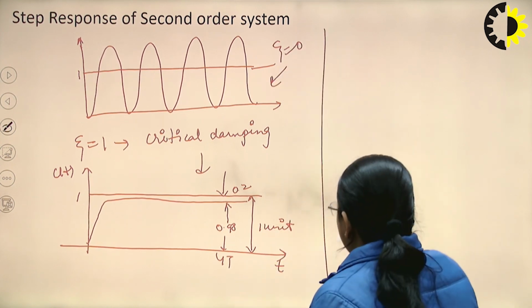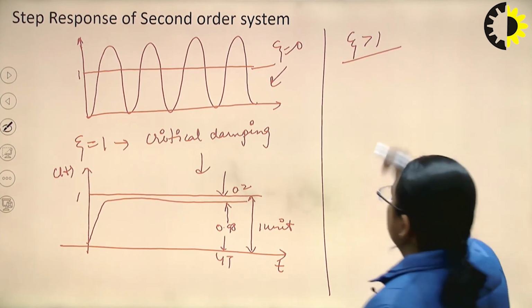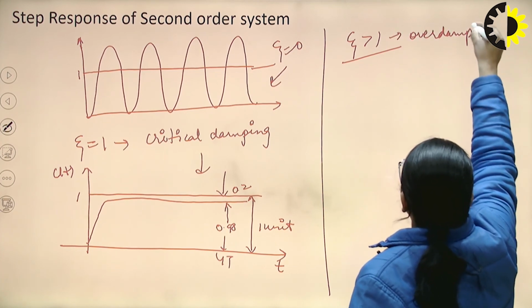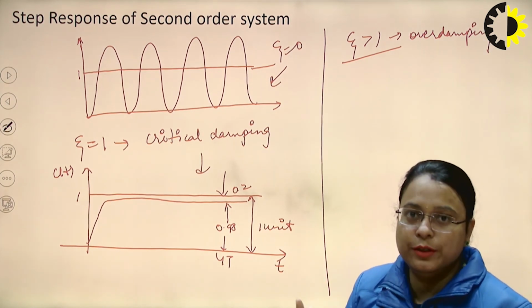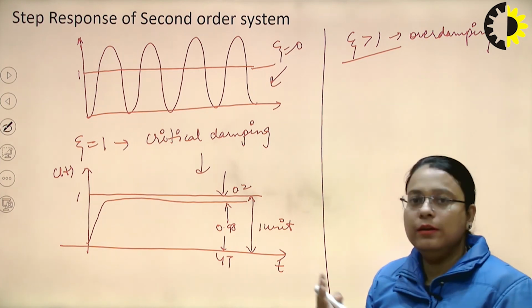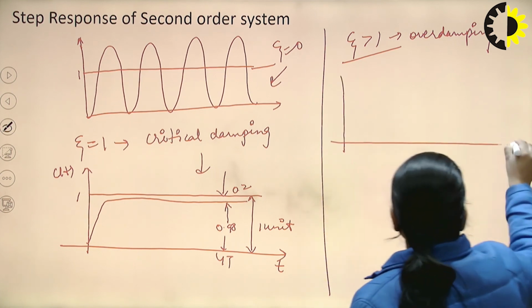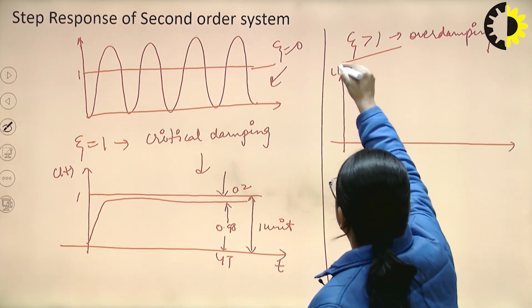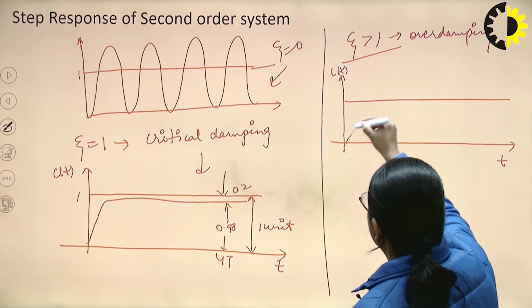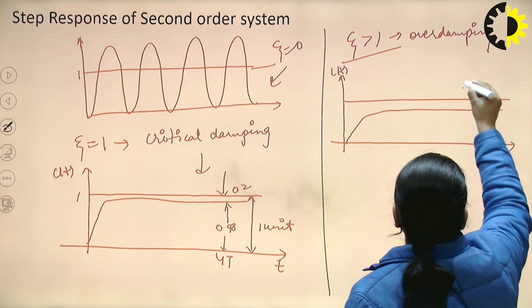Now, similarly, when we talk about zeta greater than 1, that is the overdamping case. In case of overdamping, we will get two time constants. One is at a faster rate, one is at a slower rate. So the faster rate damping factor will cancel out, and a sluggish response will be received in case of overdamping.